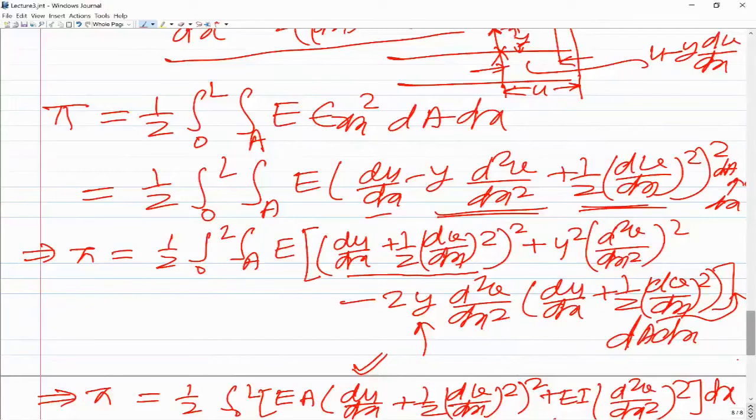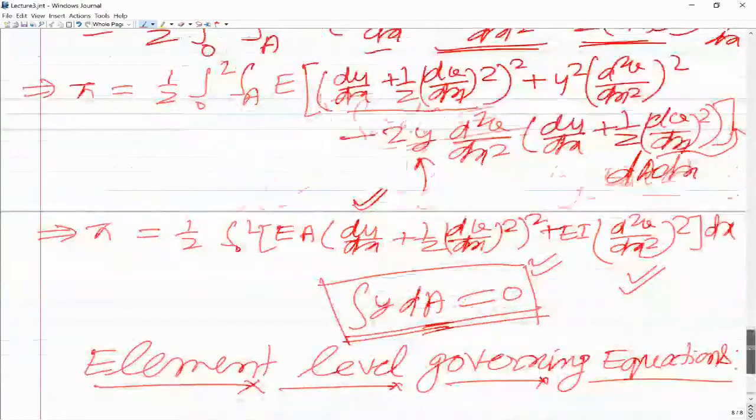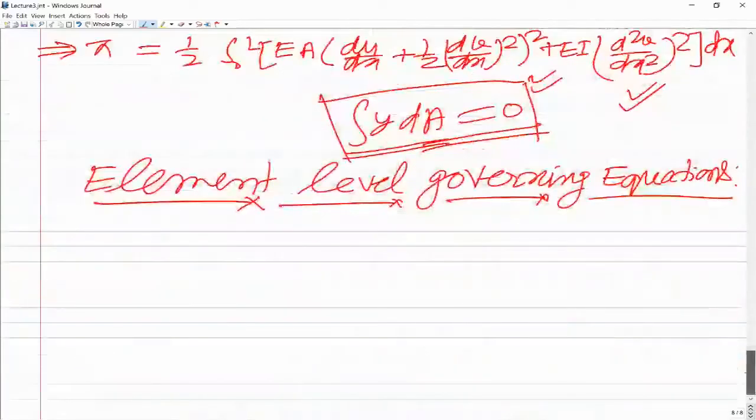Okay, sir. This corresponds to the basic differential equations we started with. The stresses are zero in the rest of the directions except the x direction, but the strain will not be zero.